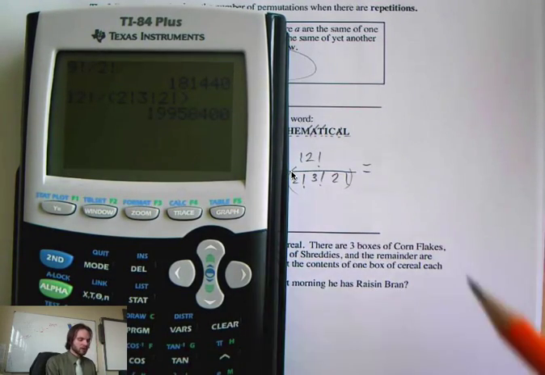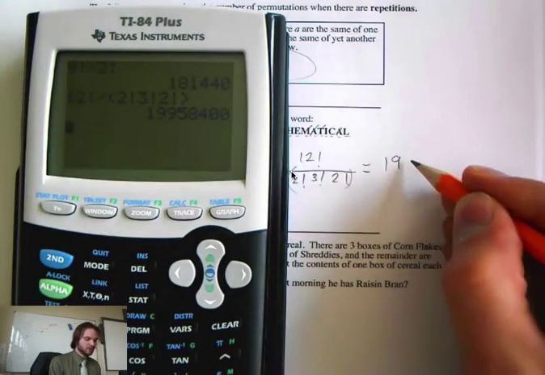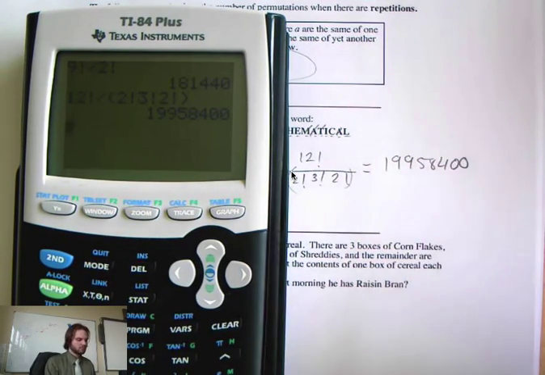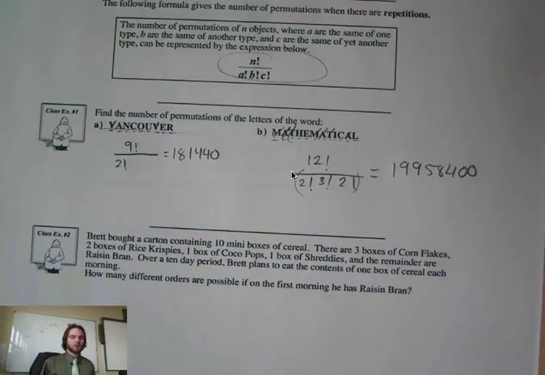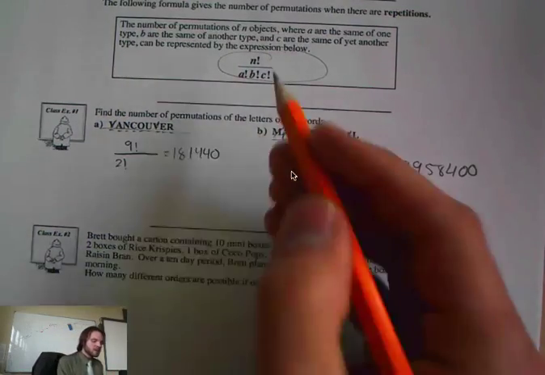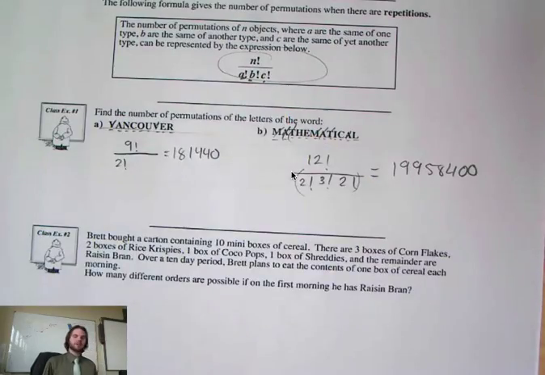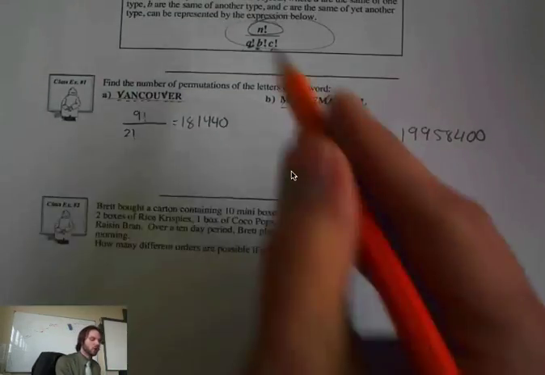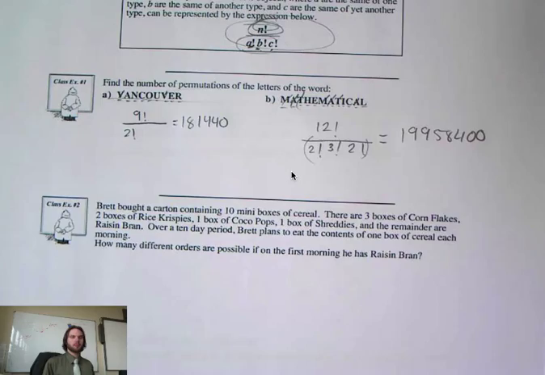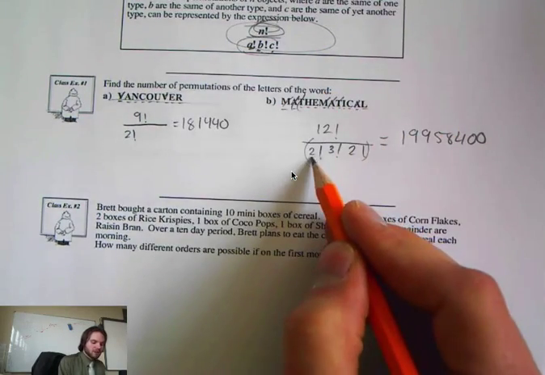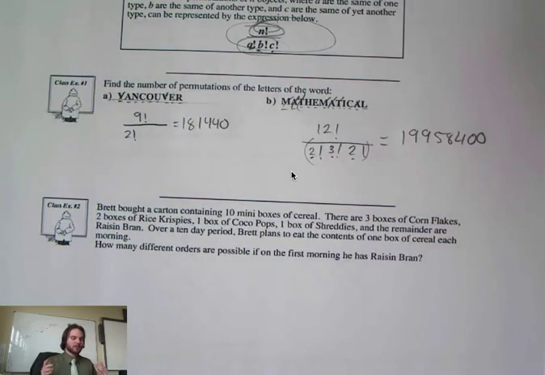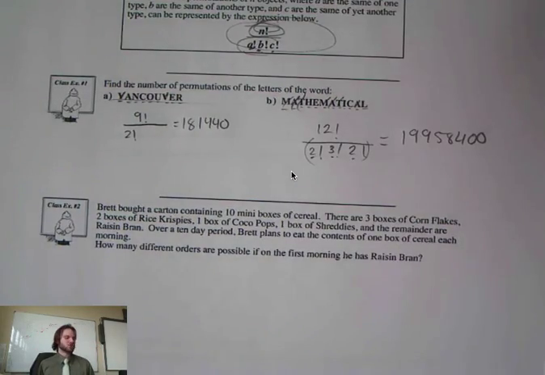There we go. And I'm going to get a total of 1995840. And that's it. Okay? So it's not that bad. These represent the repeated numbers. This is everything together. This is the elements being repeated, all elements being repeated on the bottom. Now, here, the m's are different than the t's, which are different than the a's. All of them are different, so they need a separate entity for each one.